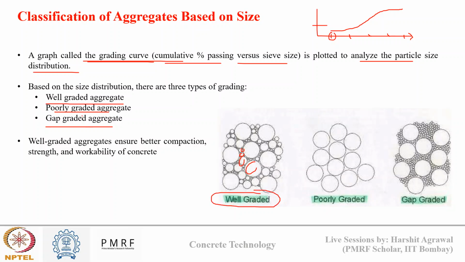In poorly graded, they are mostly aggregates of the same size. So all are big aggregates, or all are very small aggregates. There is no distribution in size. So those are poorly graded aggregates. And gap graded means there are very big aggregates and very small aggregates, but no intermediate size. Those aggregates are known as gap graded aggregates.